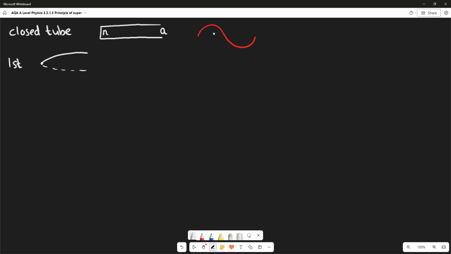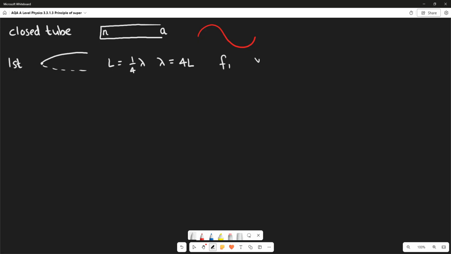And we can see that we've got this part of the wave, which is only 1/4. So the length is 1/4 of a wavelength, which can be written that the wavelength is equal to 4 times the length of the string, and this would be the first harmonic.